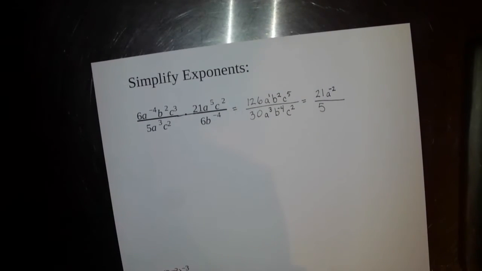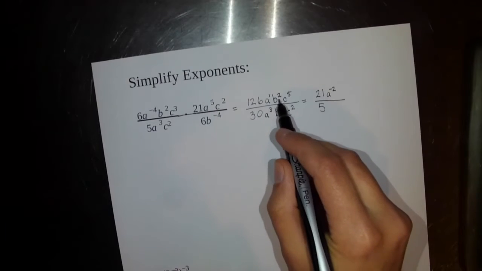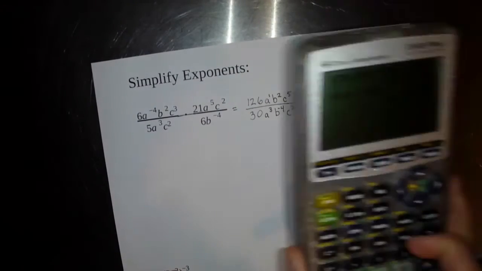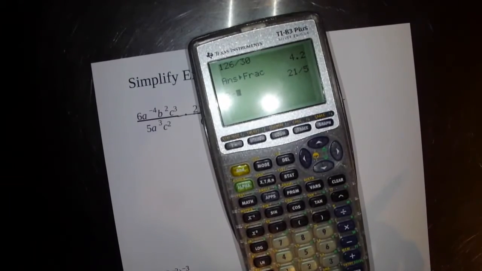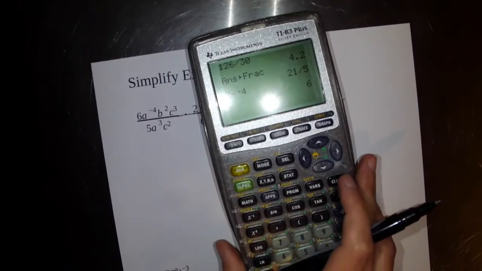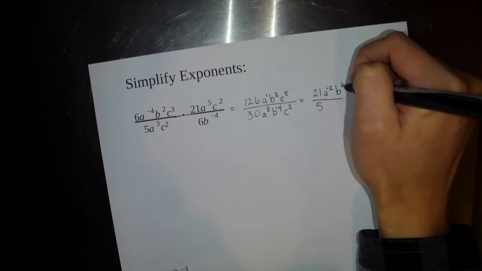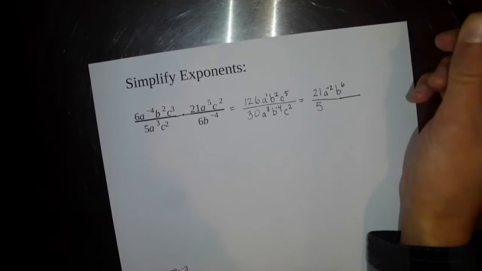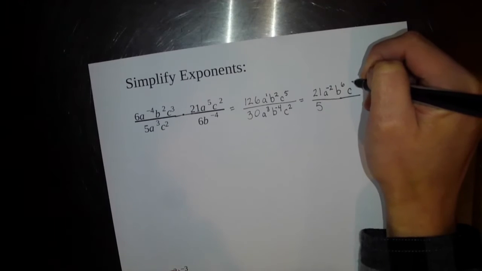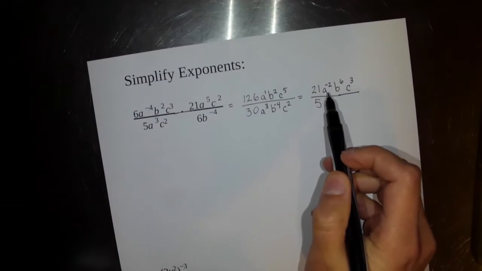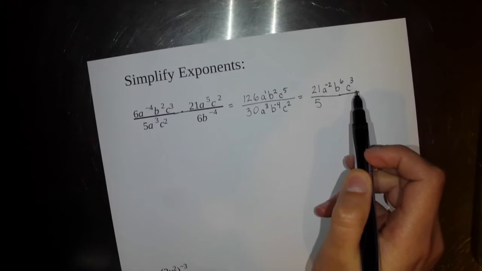I just write it in the top. For the b value, 2 minus -4, right? So 2, it looks like this. 2 minus -4 would give us a +6. So I have b to the 6. And then c, 5 minus 2 is 3. So I subtracted my exponents, and I put everything in the top row after subtraction.